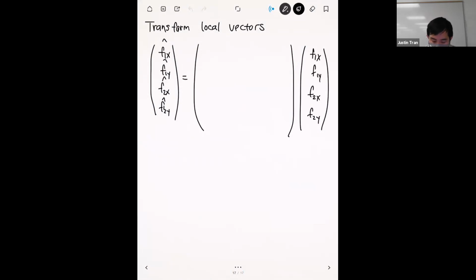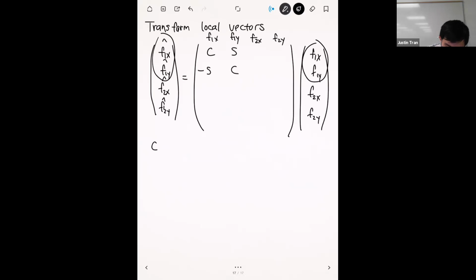And so the way we're going to do that is, let me draw in the columns as well. We're going to make sure that when we transform these, they correlate with these ones. So I'm going to make the transformation matrix like this.